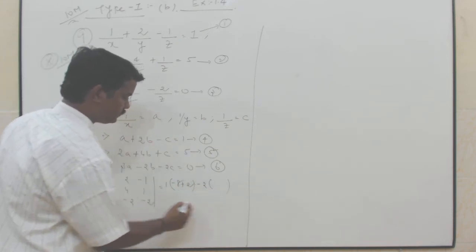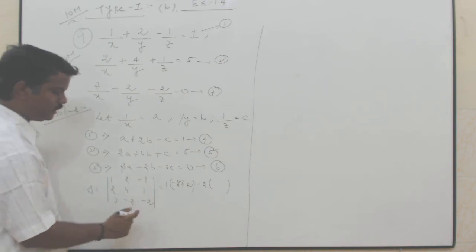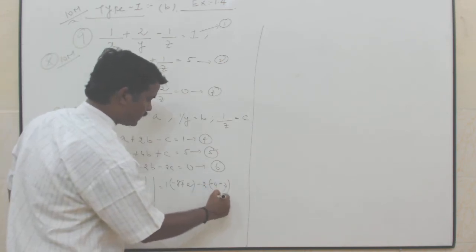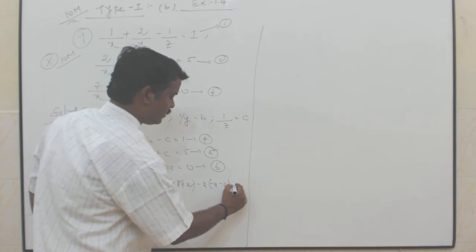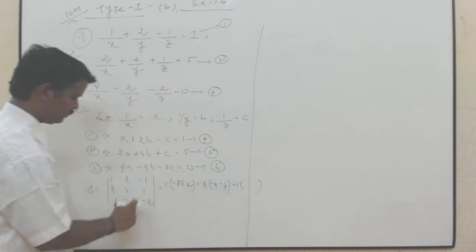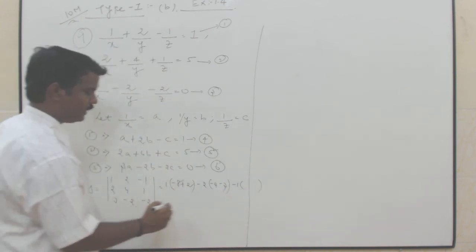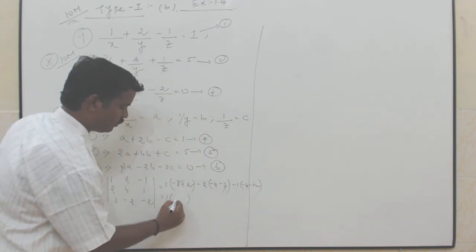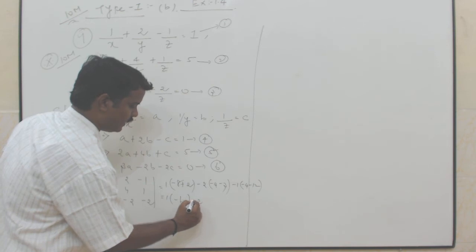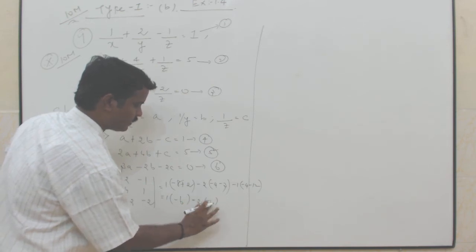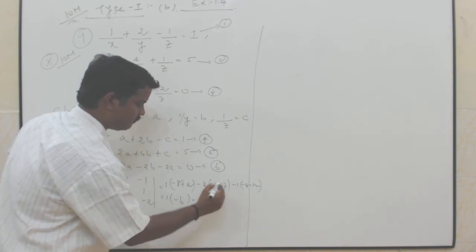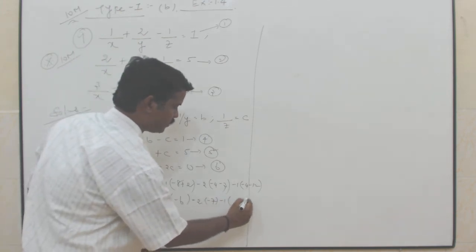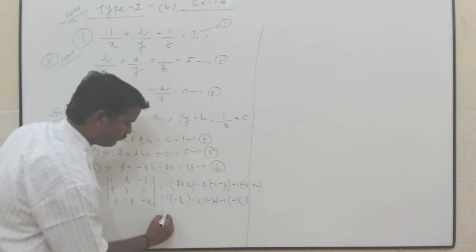Minus 2 into, what is 2 into minus 2? Minus 4 minus 3. Minus 1 into, what is 2 into minus 2? Minus 4 minus 12. So which is 1 into minus 6, minus 2 into minus 7, minus 1 into minus 16.